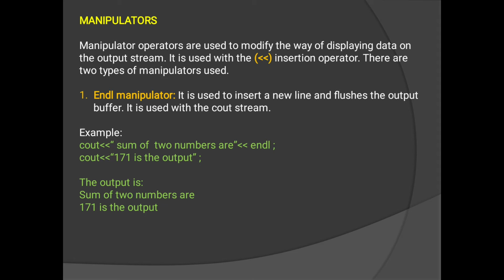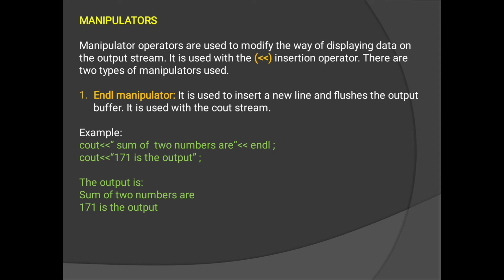Now suppose endl is not used. If we just write "sum of two numbers are" and then a semicolon, and in the next line we write cout "171 is the output", the output will be displayed as a single sentence on the same line: sum of two numbers are 171 is the output. There will be no gap or break in between.